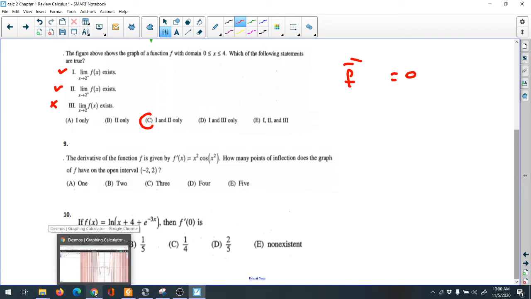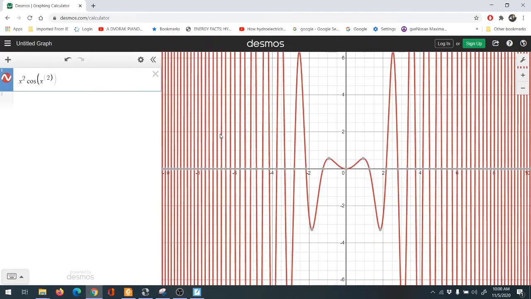Let's graph x squared cosine x squared. This is the function.